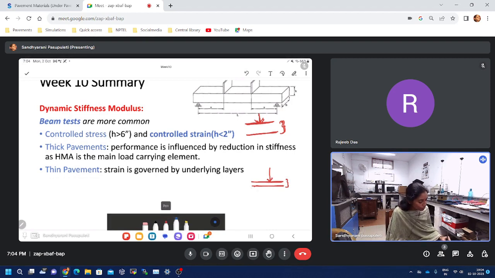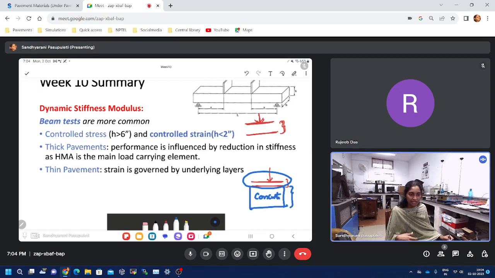But now I am going to place a very strong concrete base below that. Then there is a lesser chance it will deform. So the response of the thinner pavements always depends upon the supporting layers on which it is placed. Whereas for thicker pavements, it solely depends upon the stiffness of that particular asphalt layer.